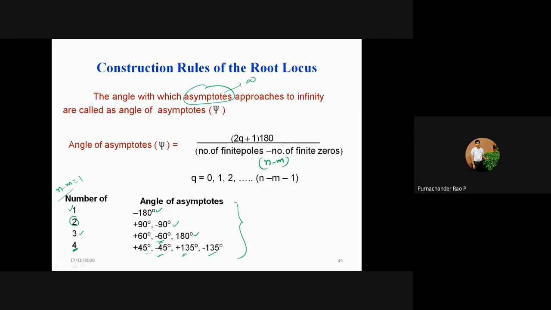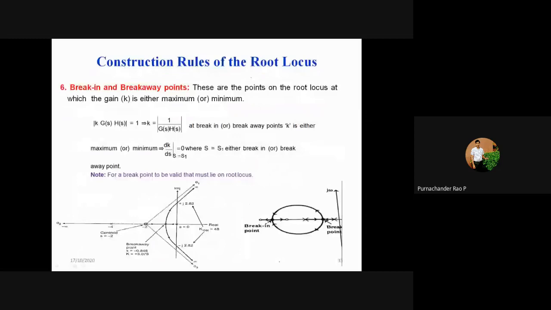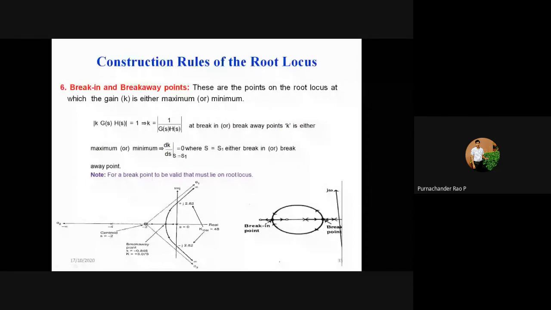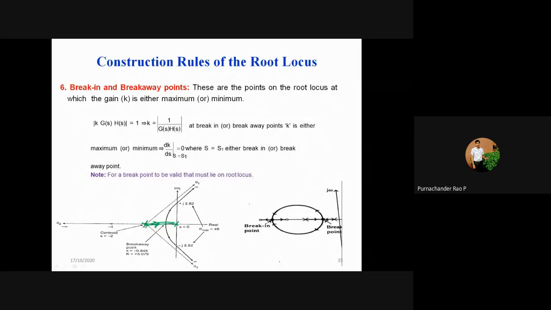Now here there are breakaway or break-in points. There are poles here, and this is a part of the root locus, so this root locus branch starts from this pole, and this branch starts from 0, and then they meet at a particular point and break away. So this is called a breakaway point.